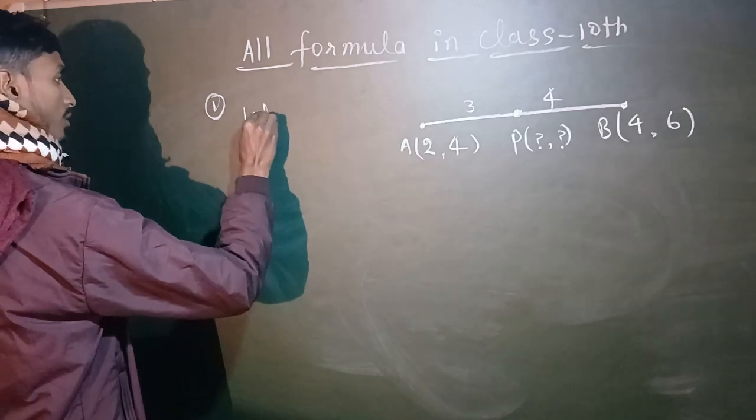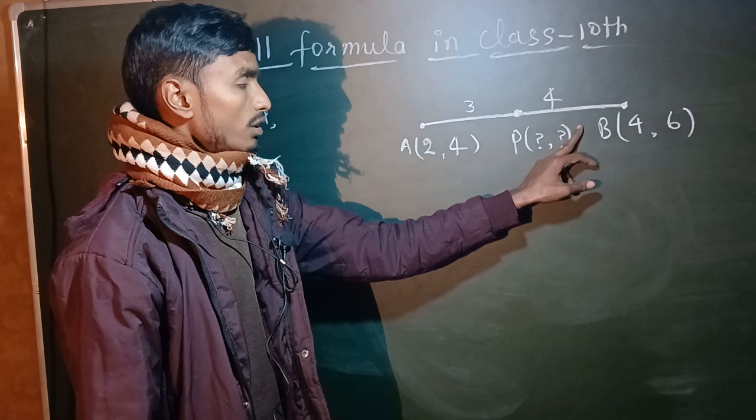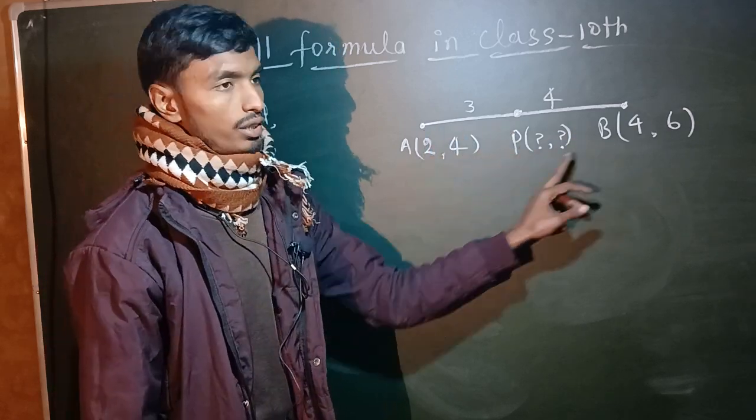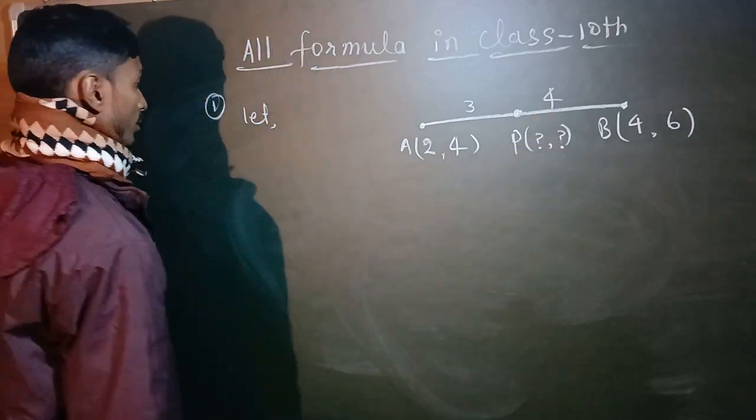What is 3 and 4? 3 and 4 is the ratio between AP and BP, AP और BP का रेशियो है.